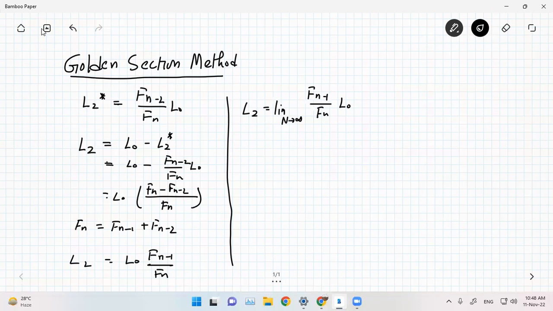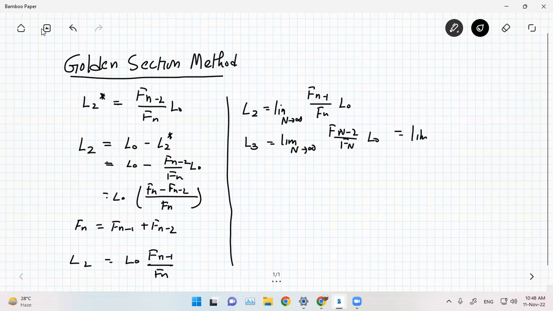Similarly, the next interval can be figured out as L3 equal to limit n tends to infinity of Fn minus 2 by Fn L0, or you can also write it as limit n tends to infinity of Fn minus 2 by Fn minus 1 into Fn minus 1 by Fn L0.